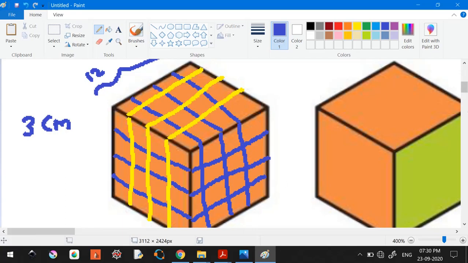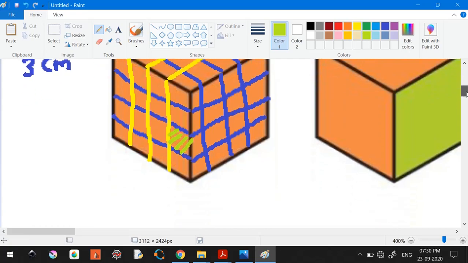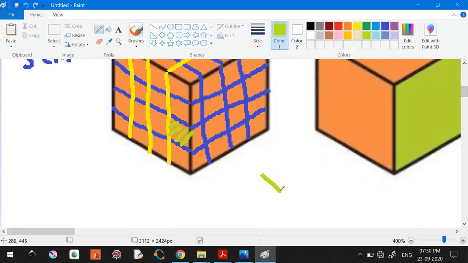So now the thing is, all these cubes, let me take this particular cube. It's already arranged. This particular small cube is going to look something like this. I am just enlarging it for your easy understanding.